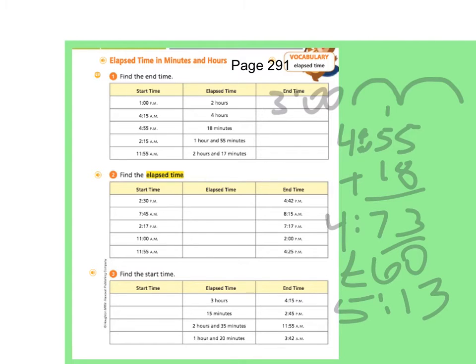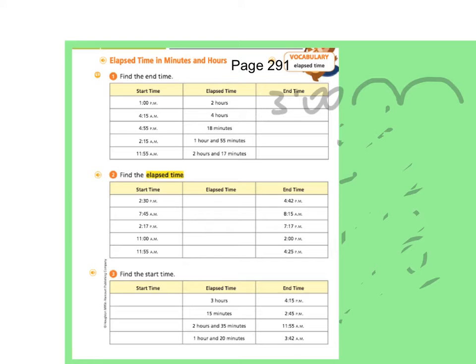So it can be done. It's just a tricky way to do it. So for me, I'm always an add up kind of guy. I'm going to change over to blue.